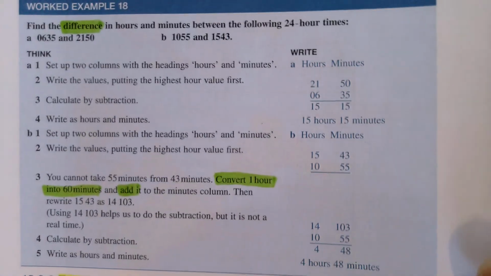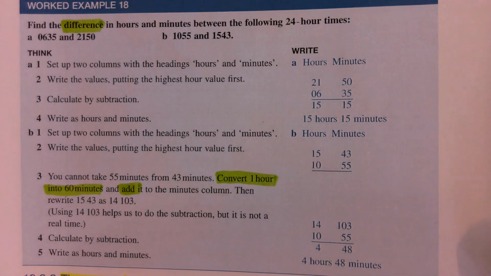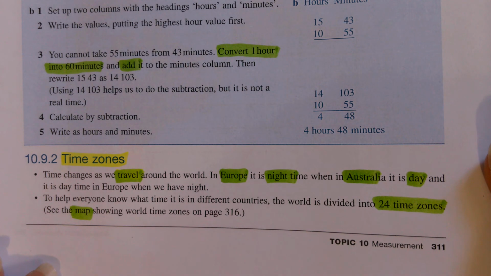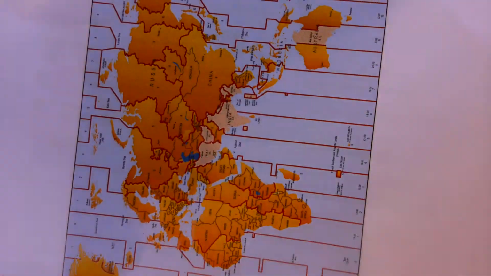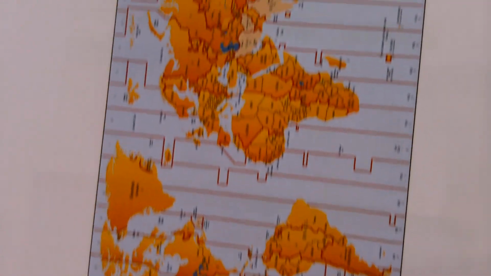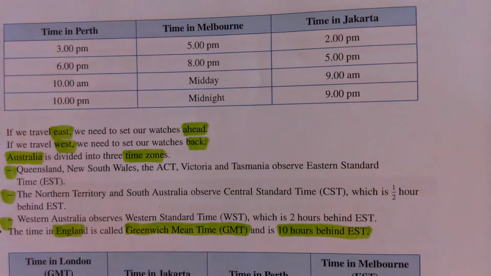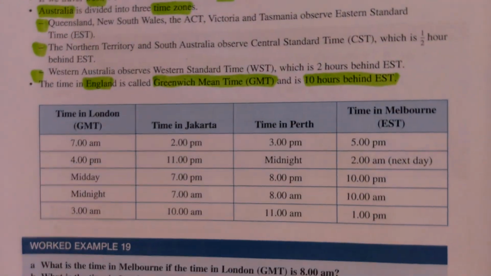There are more examples on how to work out the conversion. Then it goes on to your time zones and that map, the different map, the one I showed you. This is the map that's in your Jacaranda one, much more detailed. Okay, lots more information that's there.